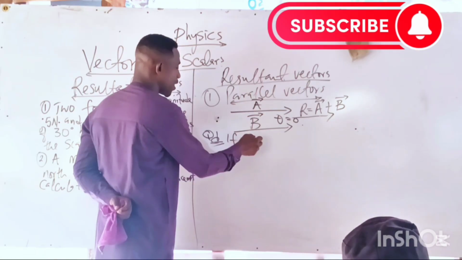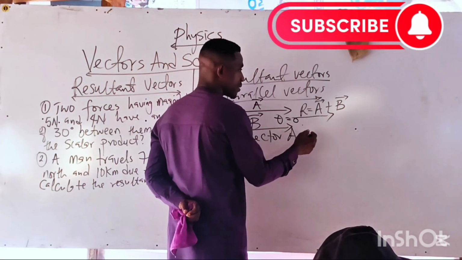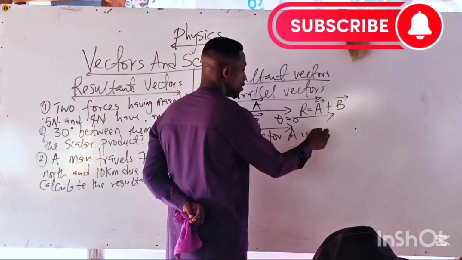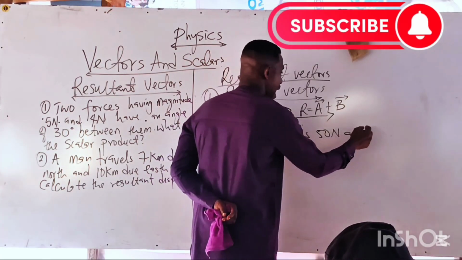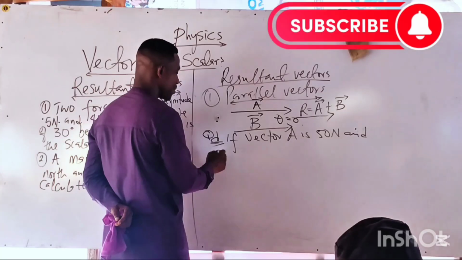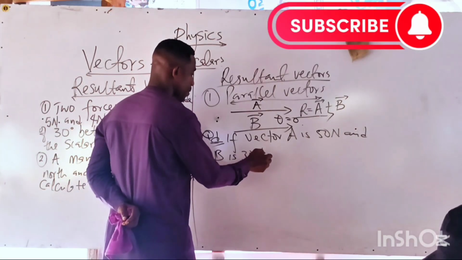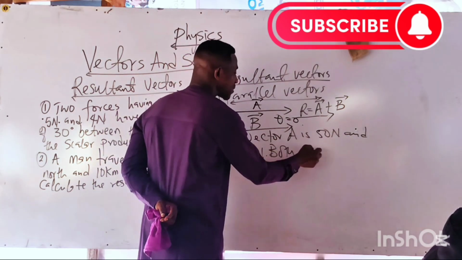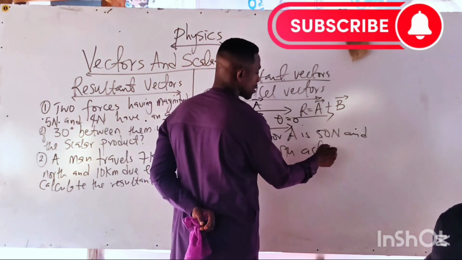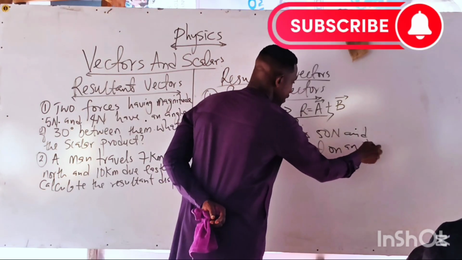If vector A is 50 Newton and B is 30 Newton, both act on an object.